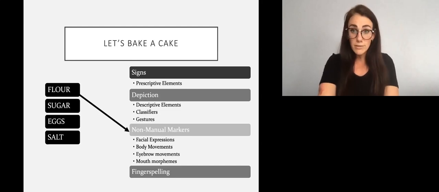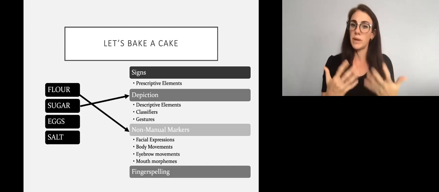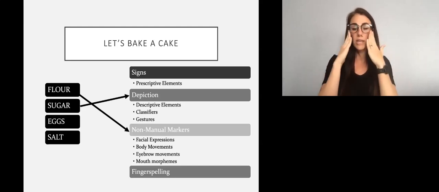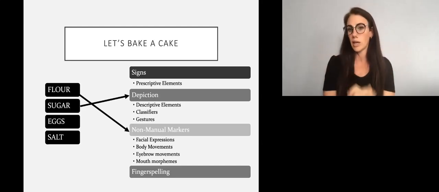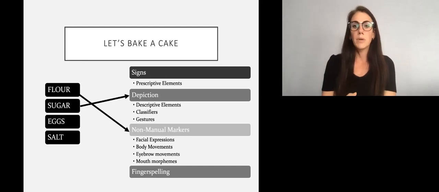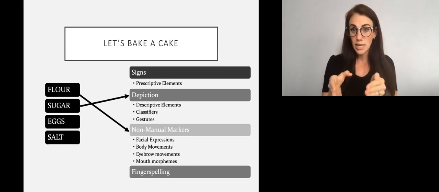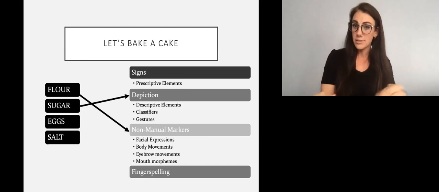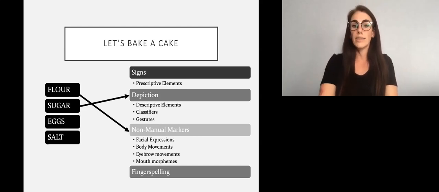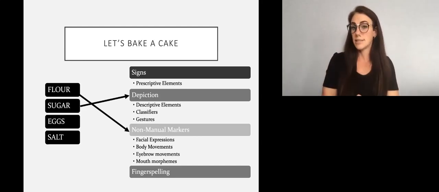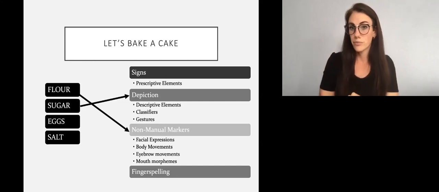Now, what sweetens our ASL, again, not the signs, but our depiction, our visual elements, our things that we elevate our language with, okay? So I'm actually going to give you an example using the sign for eggs, okay? So the sign for egg is egg in ASL, okay?